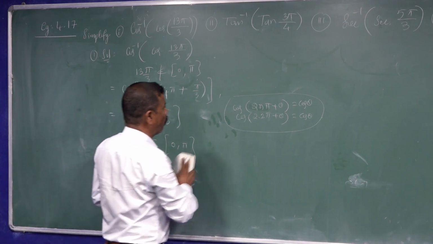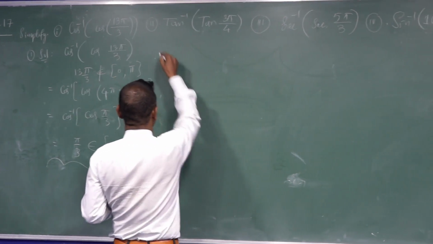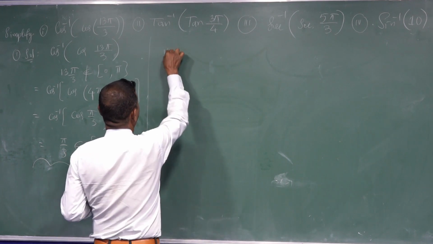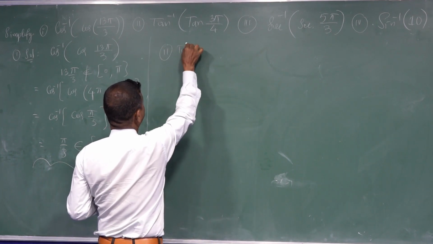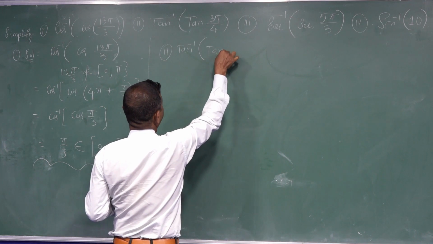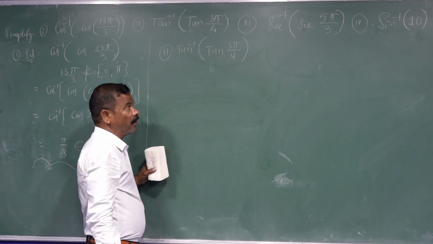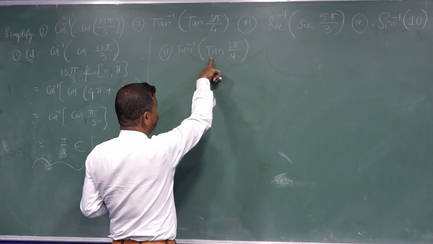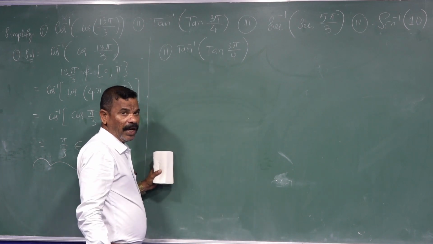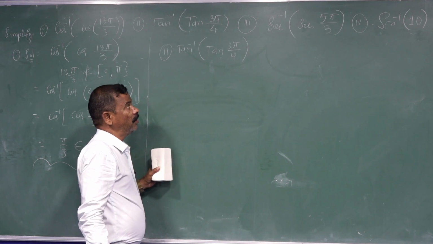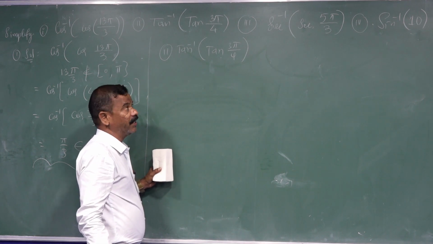Next, second problem. Tan inverse of tan 3π/4. Tan domain is minus 90 to plus 90.